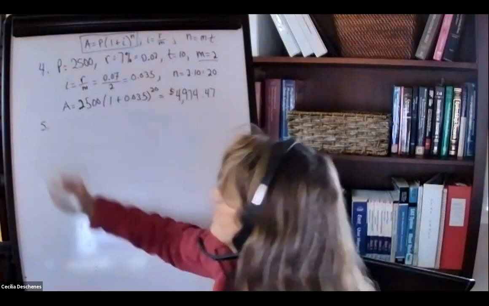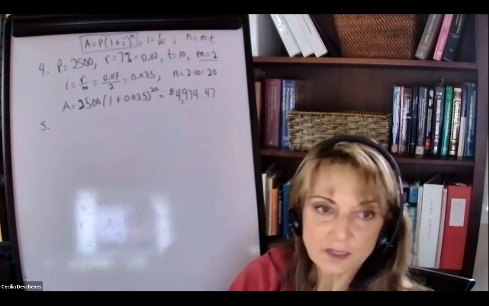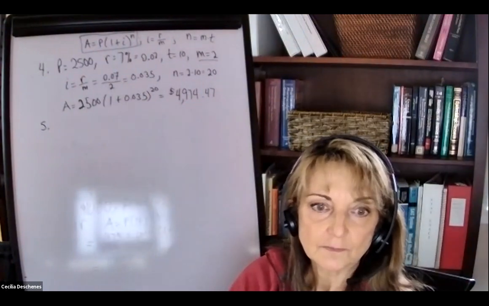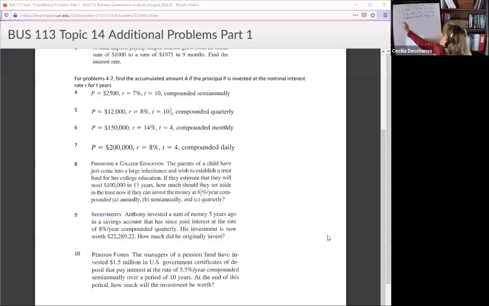Okay, number 5. Let's remind ourselves what number 5 said. So here we're going to have the principal is $12,000 and the rate is 8%, which we're going to write as 0.08.